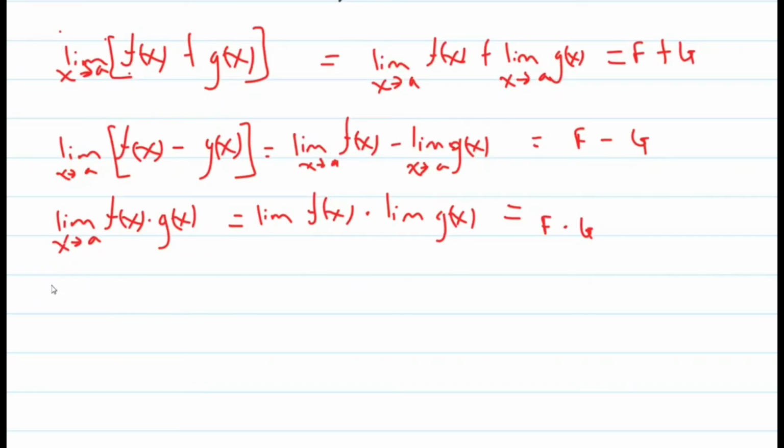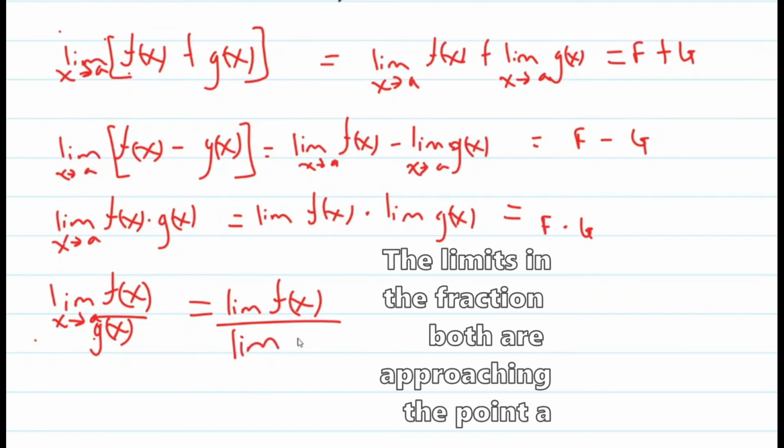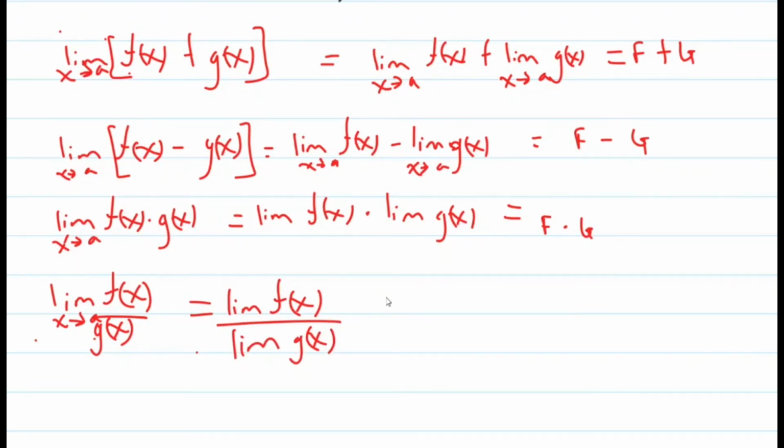So for division, the limit of a function f of x over function g of x as x approaches point A is the same thing as the limit of f of x over the limit of g of x, and it's the same thing as F over G. Remember, as I said just now, that the capital F represents the limit of the function f and the G is the limit of the function g.